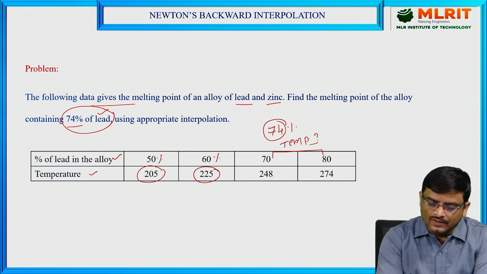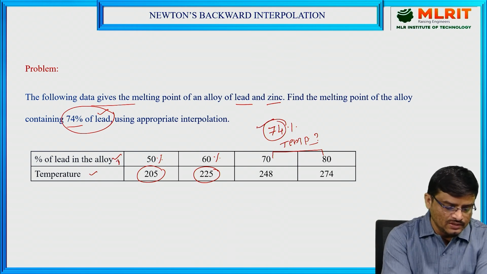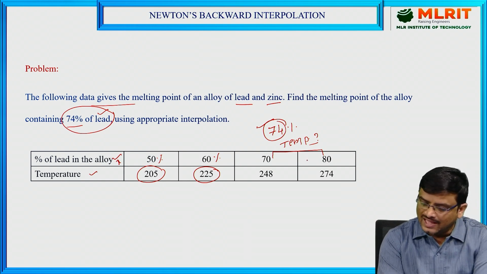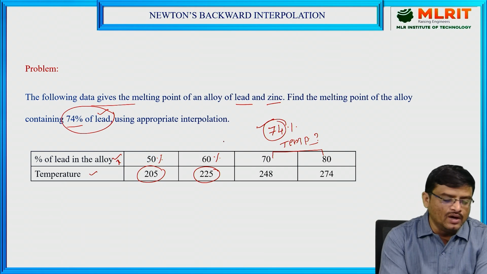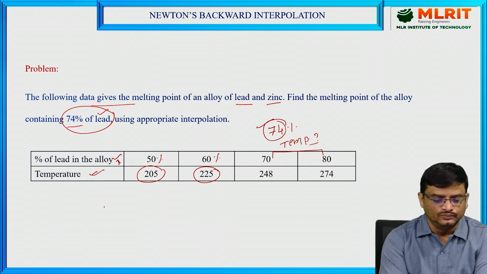So whenever the given x value, suppose you consider the percentage as x, when x is equal to 74, and it lies at the ending of the table, then we have to use Newton's backward interpolation formula to find the temperature.